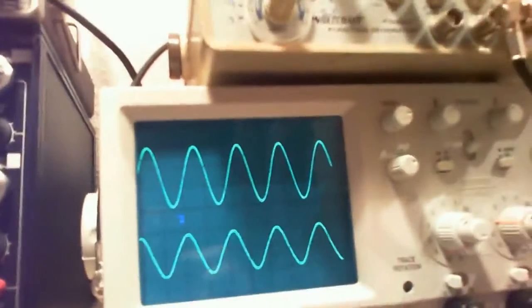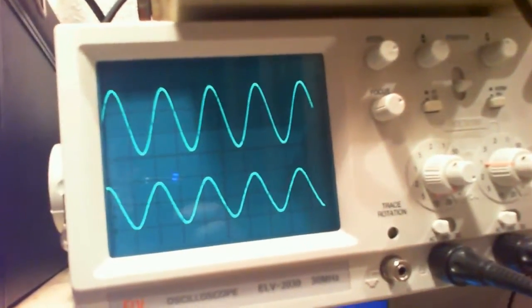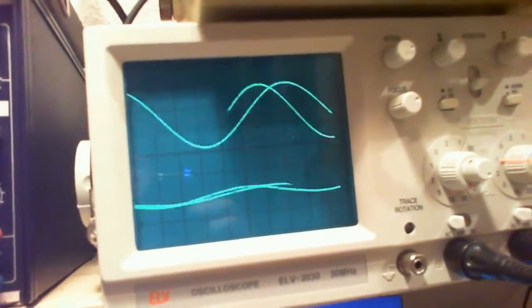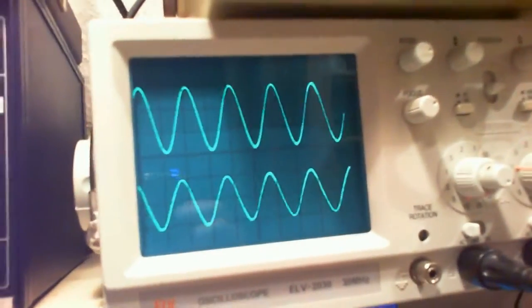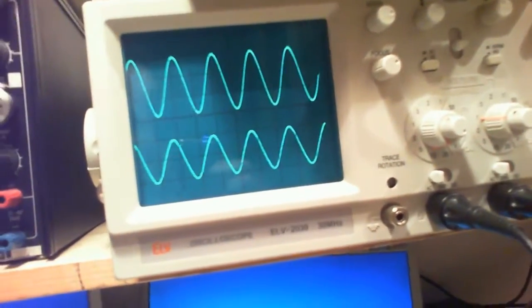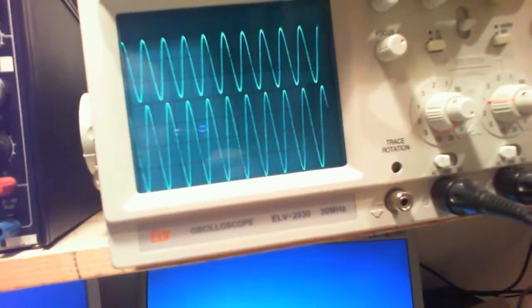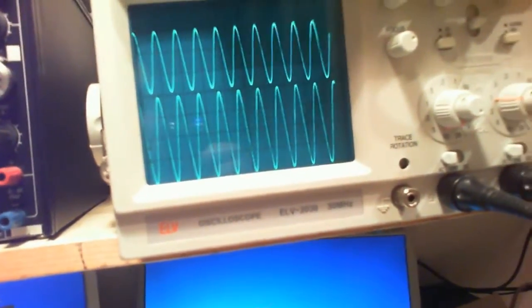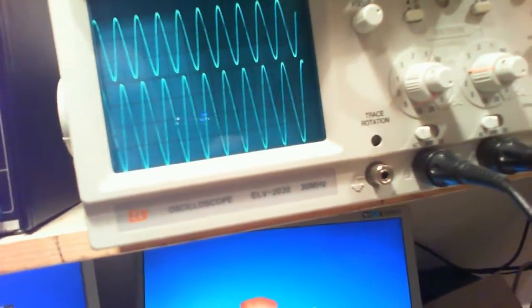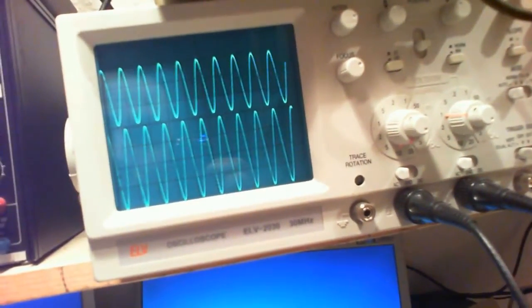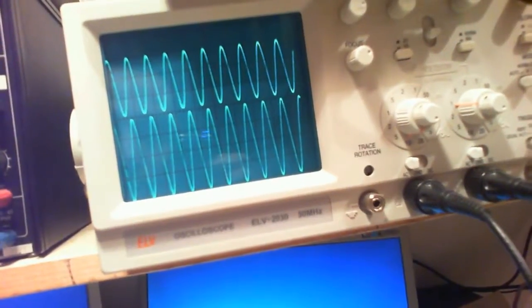So if I go down one and go back to the beginning of the range, multiply by 10, now I have the same frequency, and I start increasing the frequency again, and you see the output is growing again, increasing. Right now I'm at about 2 kilohertz.